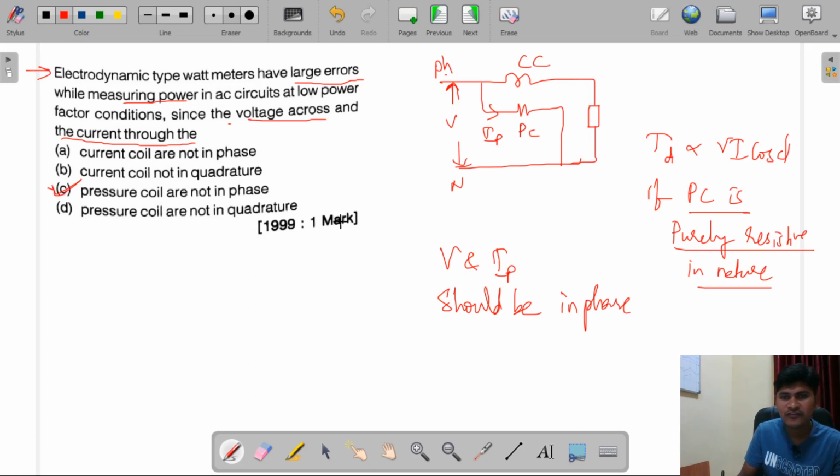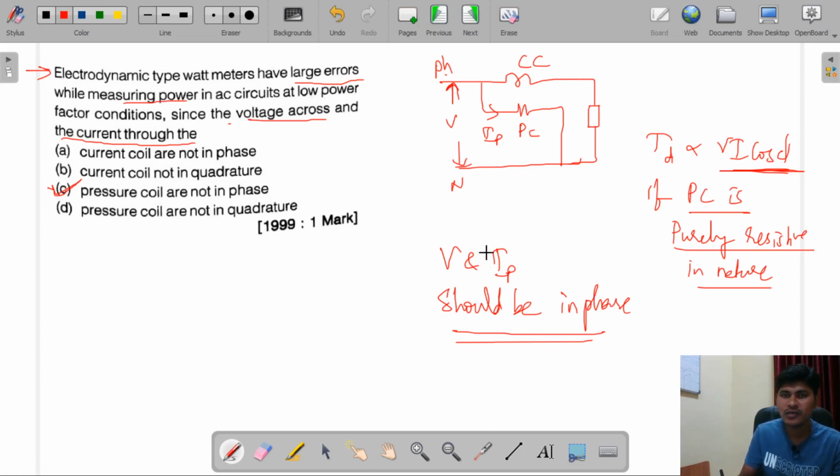If they are not in phase, then you get error in the wattmeter reading. If they are in phase, then the deflection will be directly proportional to true power. They should be in phase.